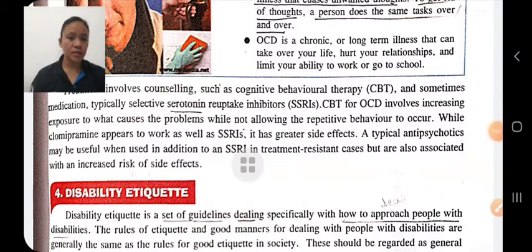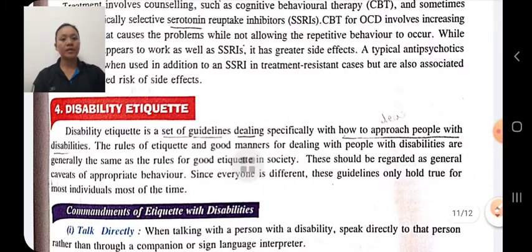Next is disability attitude. Disability attitude is a set of guidelines dealing specifically with how to approach people with disability.